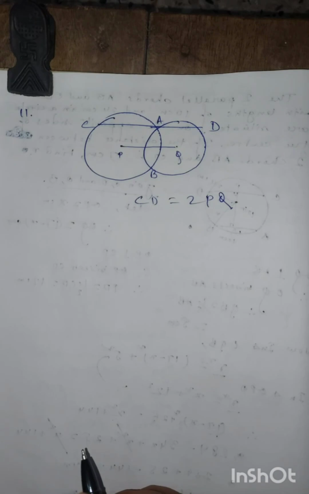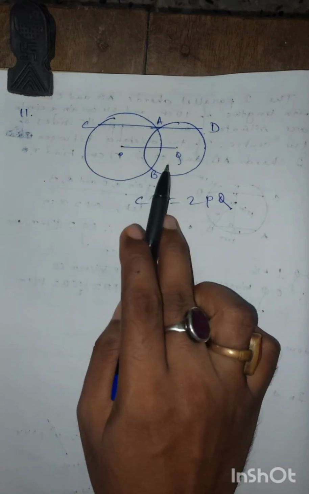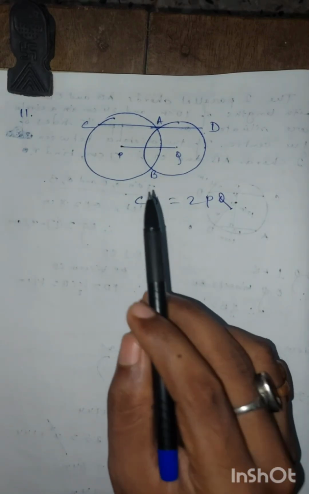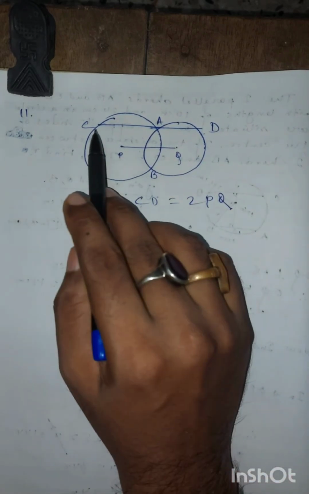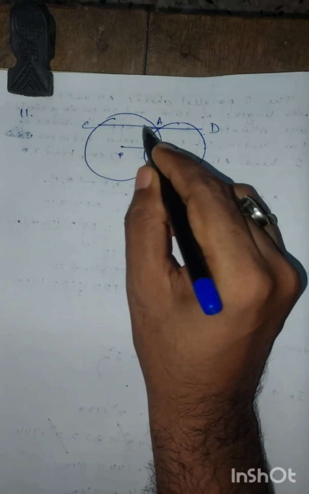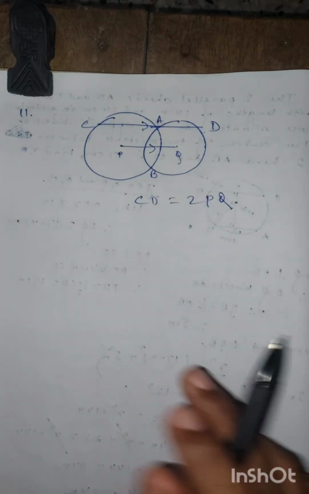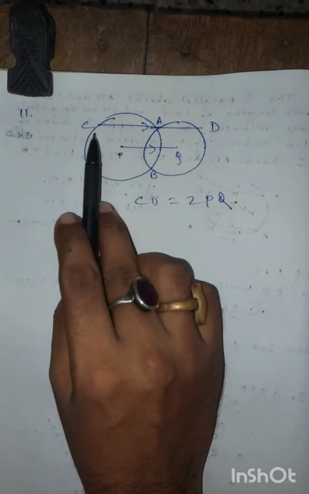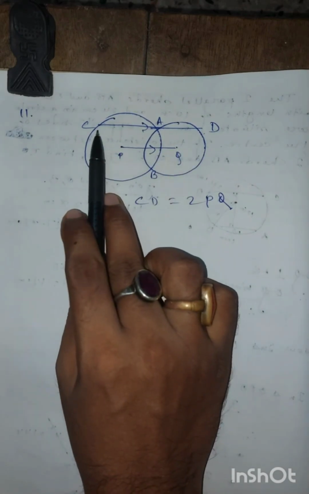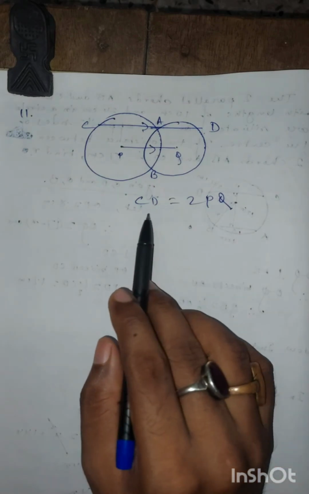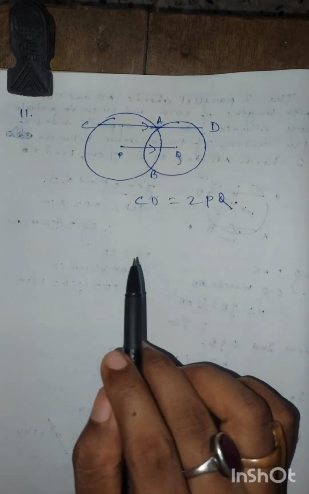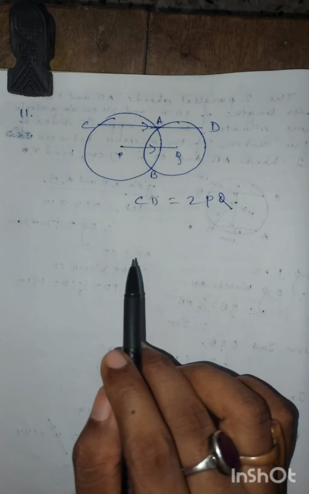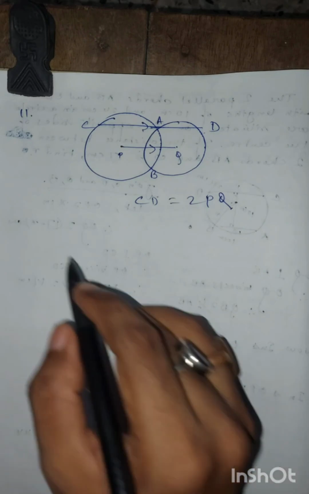Question number 11 says we have two circles with centers P and Q. They intersect each other at points A and B, and a line segment which is parallel to PQ passes through A and cuts these two circles at C and D. Now we have to prove CD equals 2PQ. Now let us do one thing.